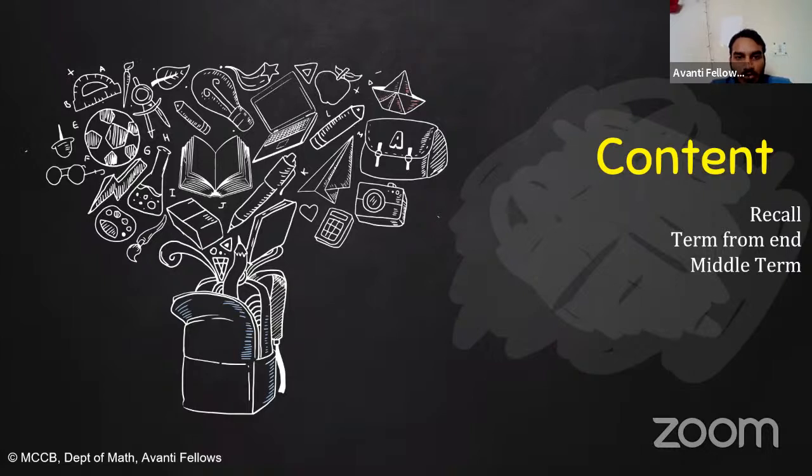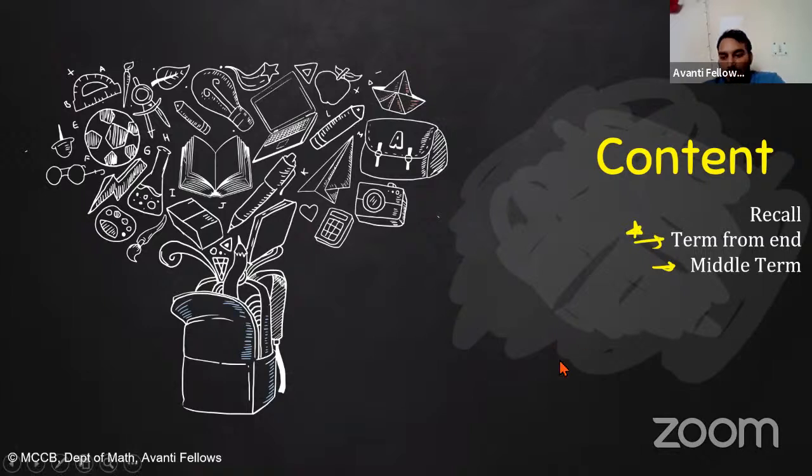And then after that, we will be studying the middle term and the term from the end. These are very important concepts and they are frequently asked in the examination from the binomial theorem. Find the middle term, find the term from the end. These types of questions you will frequently see in competitive exams.